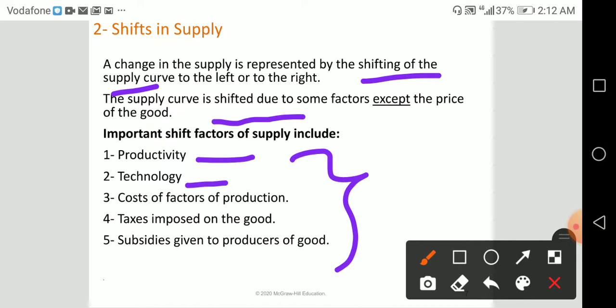Technology is of course a very good factor that affects my supply curve. When you have more and more technology, it increases your productivity and it increases your supply. Costs of factors of production. Taxes imposed on the good, and the subsidies given to the producers of the goods.